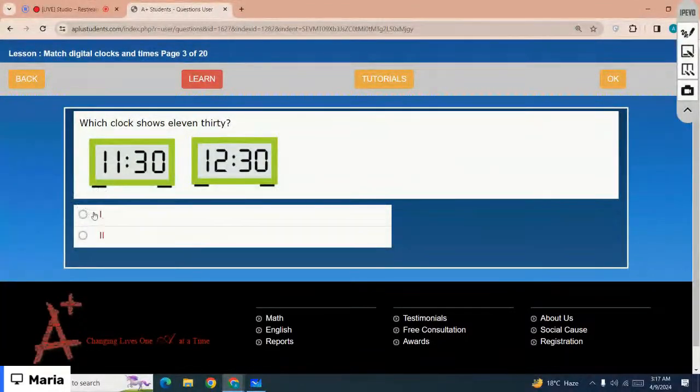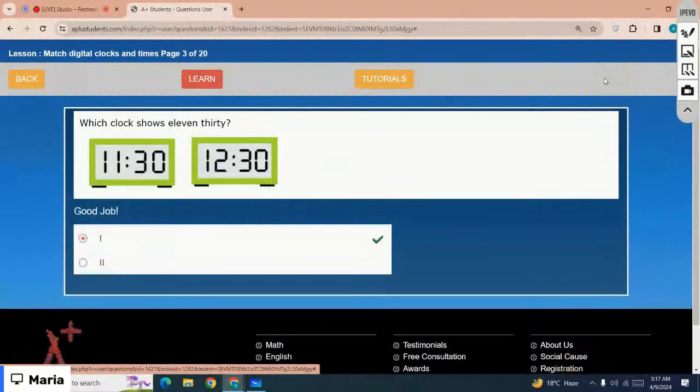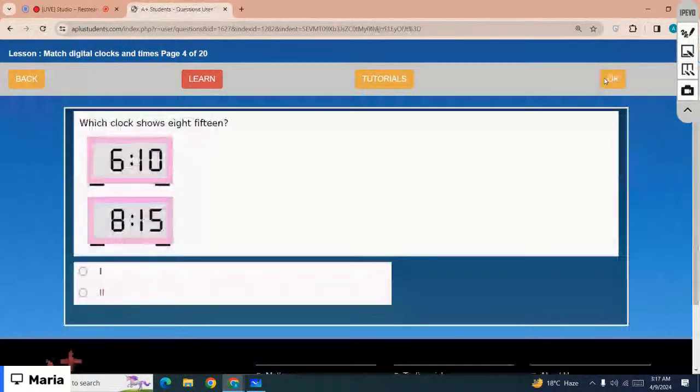The first one shows 11:30. Which clock shows 8:15? Which is the correct option?